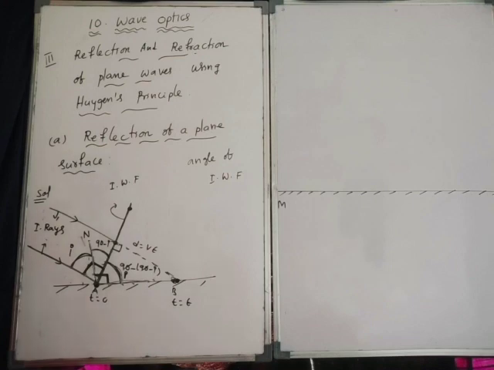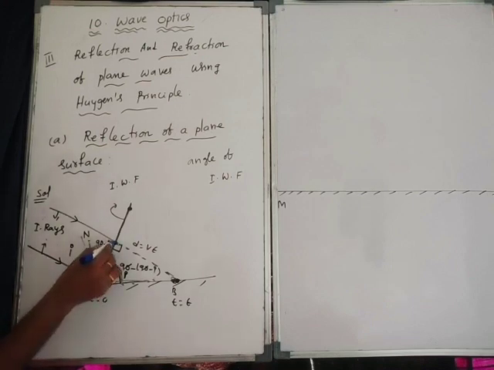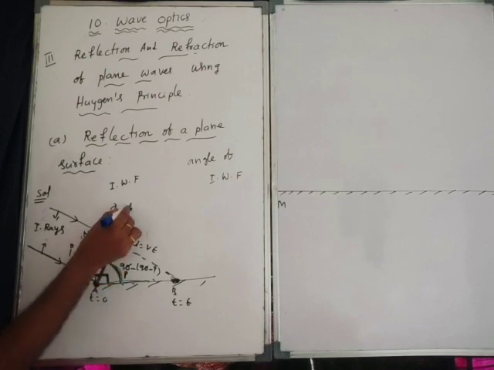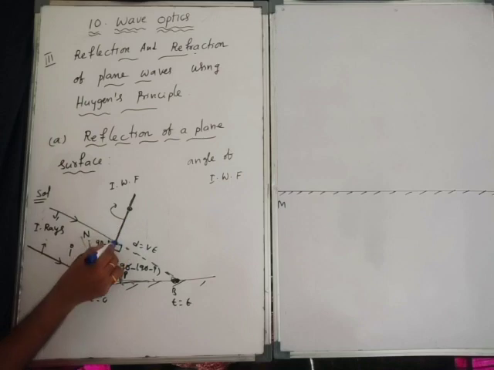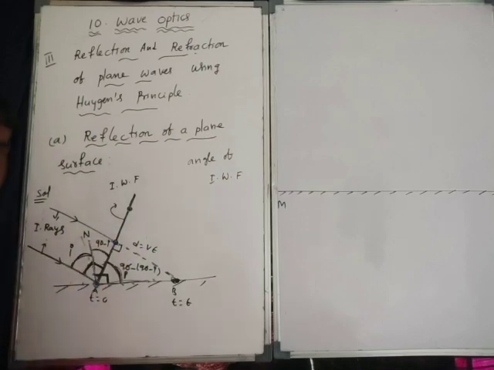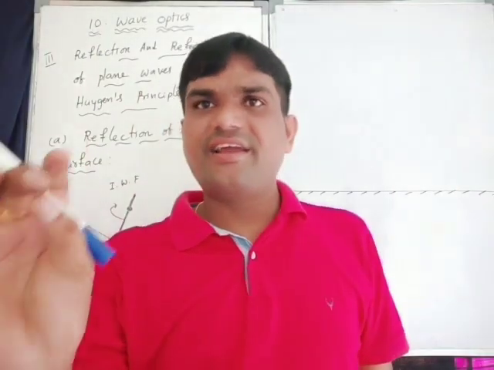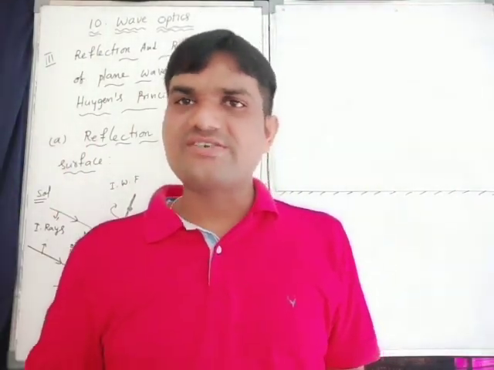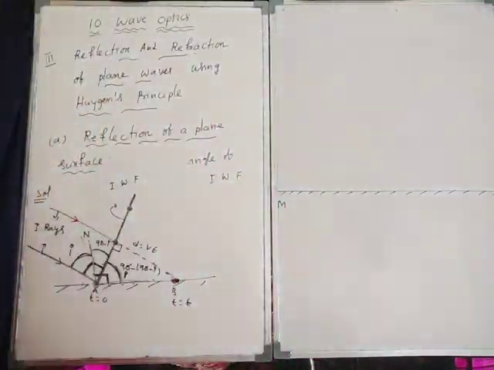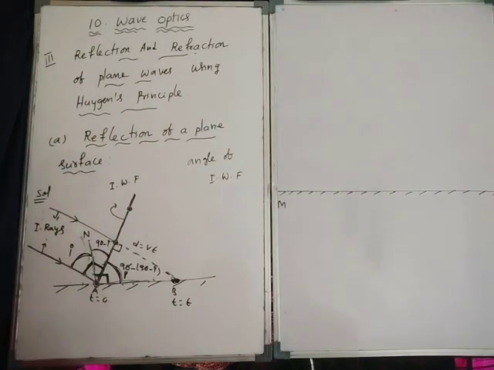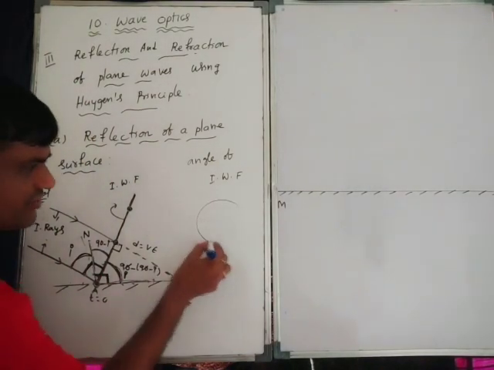I told you very clearly previously: each point on a primary wavefront gives secondary wavelets. Secondary wavelets look like a sphere only, right?